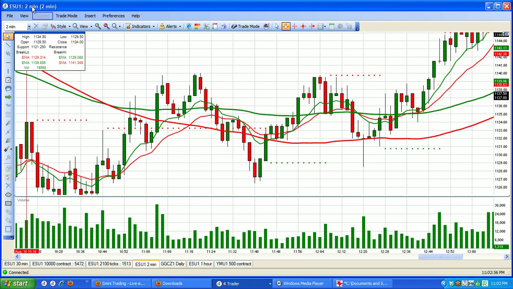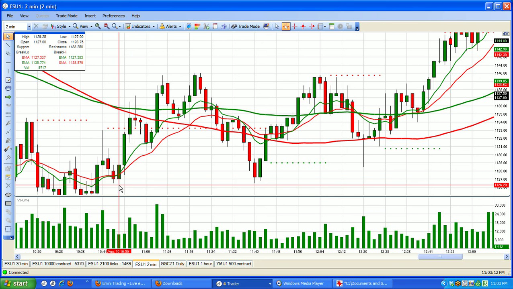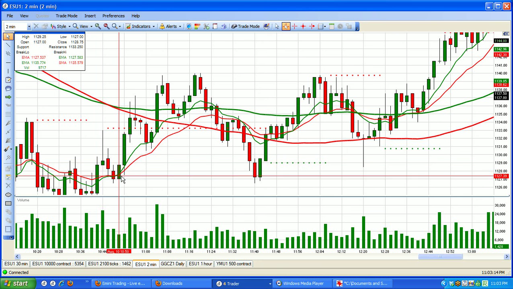This is a 2-minute chart. Have you ever seen me show you a 2-minute chart? No. All right. Okay, we have what we would typically refer to as a bullish cross. It doesn't look like it on a 2-minute chart, but there it is. The green gets above the red. At the same time down here, what happens?